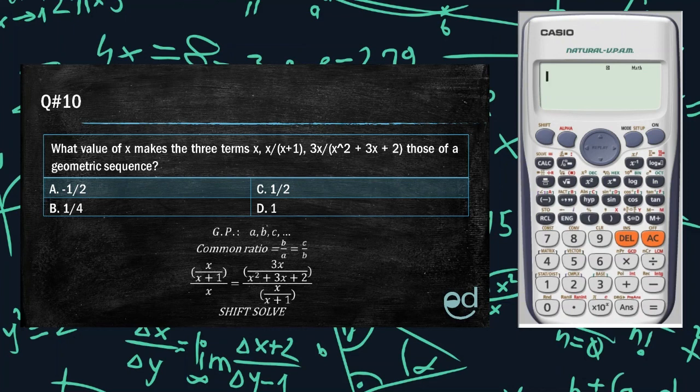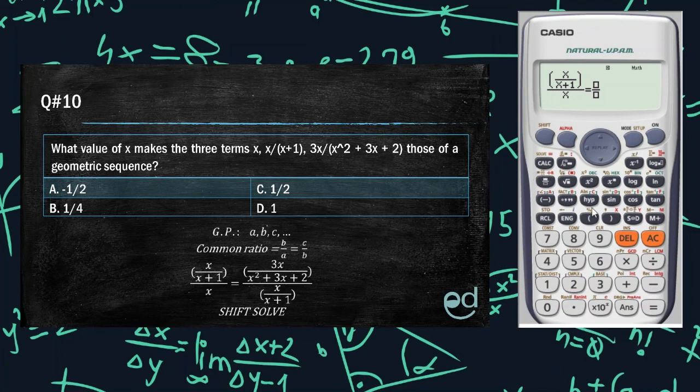So we all know that the common ratio is equal to the second term divided by the first term, or the third term divided by the second term, or B over A is equal to C over B. And from that, we can equate the following. x over x plus 1, which is the second term, divided by the first term, which is x, is equal to the third term divided by the second term.